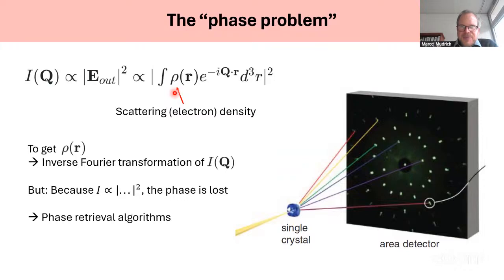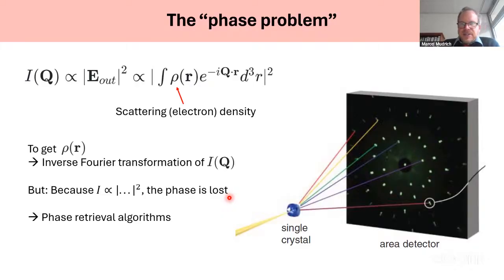Complex numbers have an amplitude and a phase, but once we take the absolute value square, we lose the phase information. So we cannot directly back transform by just carrying out another Fourier transformation, because we are missing the phase information.